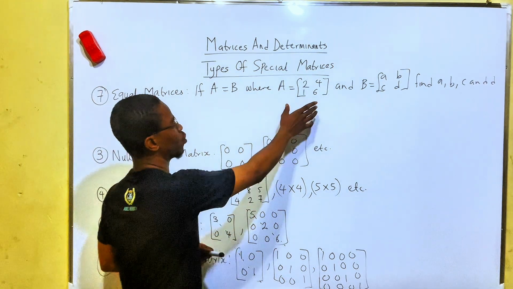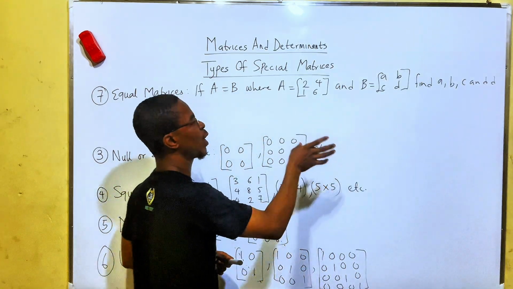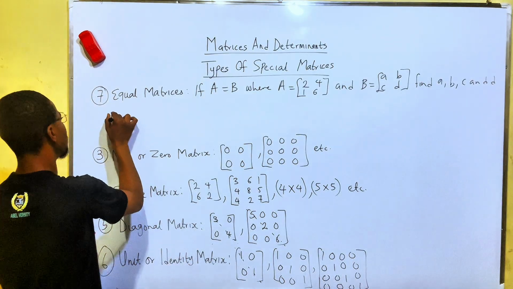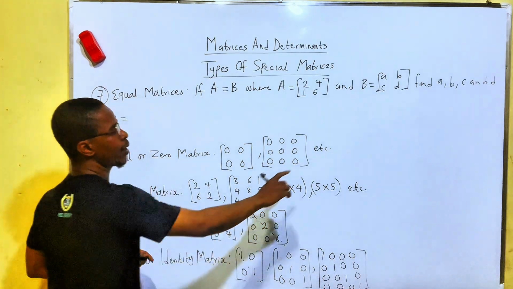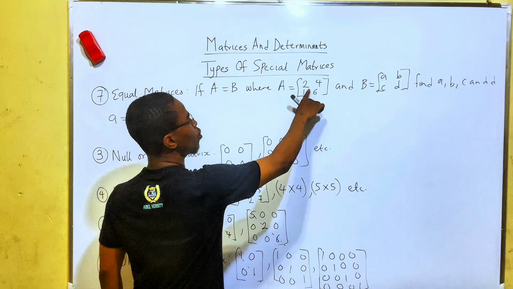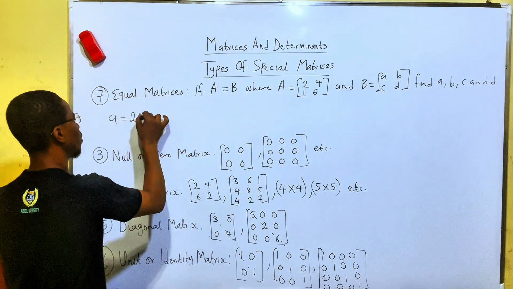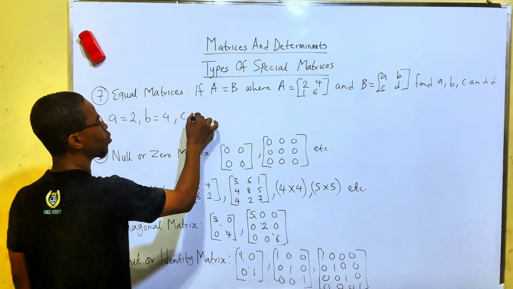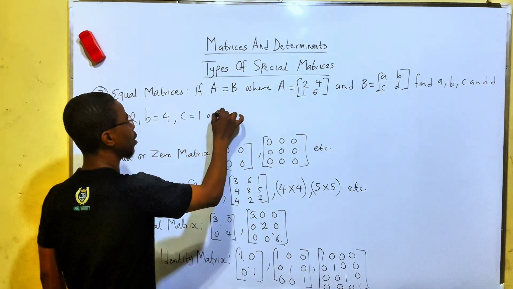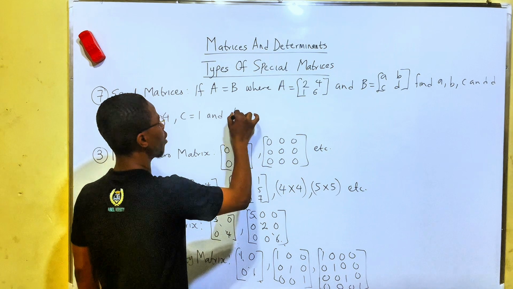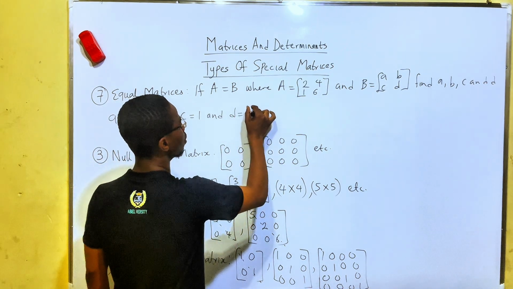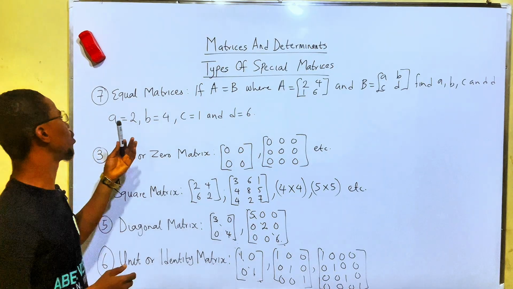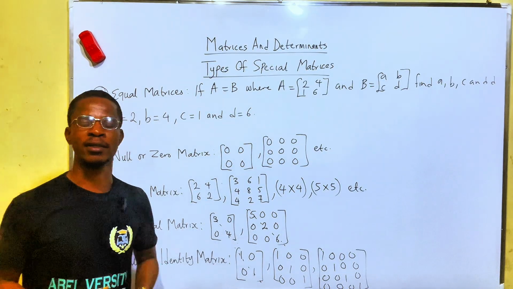We know that this is a 2 by 2, this is a 2 by 2. So if we are equating them, we're equating them by their positions, that's the element position. Element a here will be equal to 2 here. b will be equal to 4, c will be equal to 1, and d will be equal to 6. So this is what we mean when we say equal matrices.